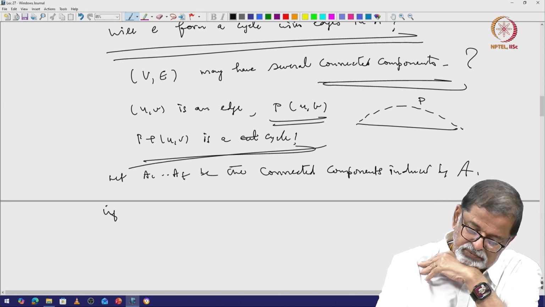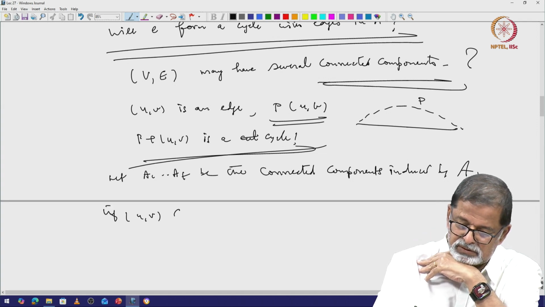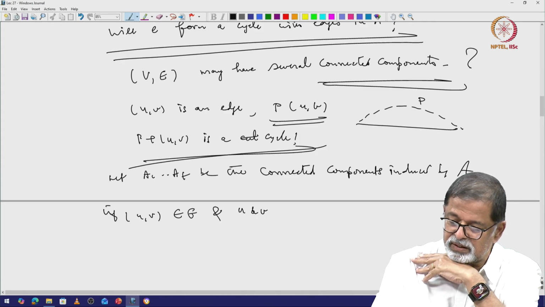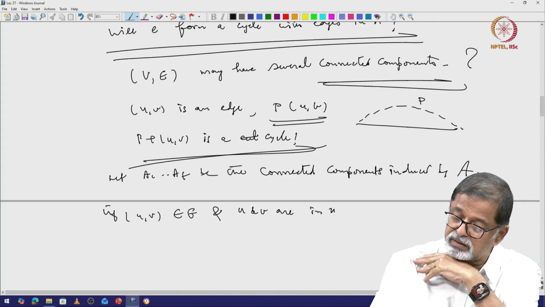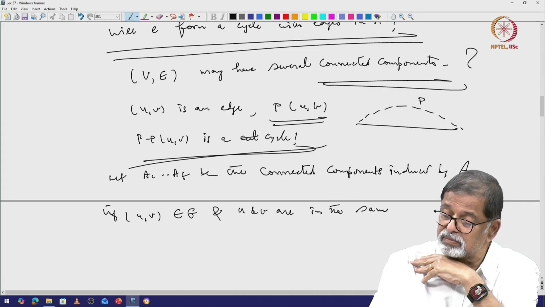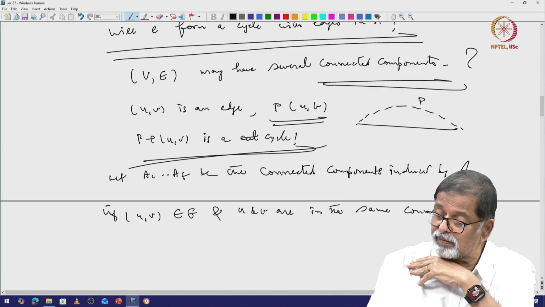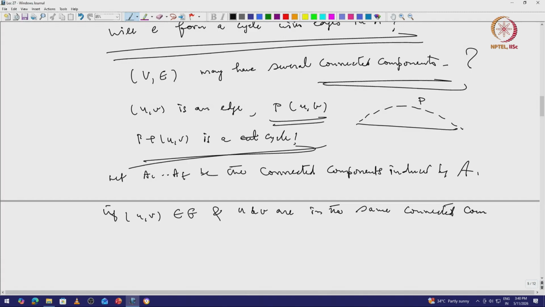If UV is an edge and U and V are in the same connected component of A, both vertices are in the same component.